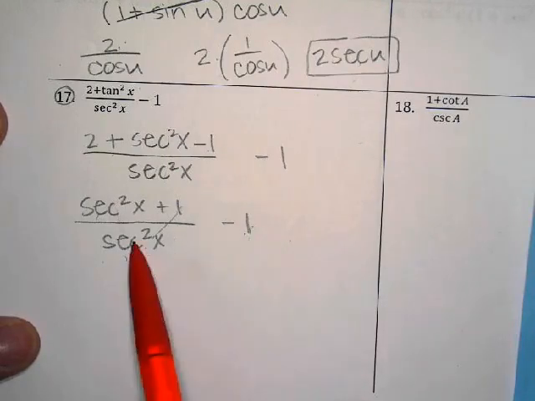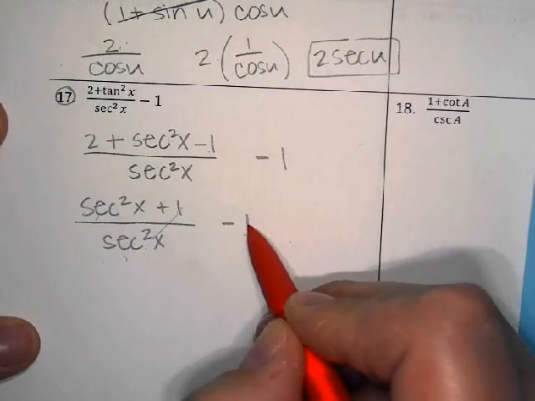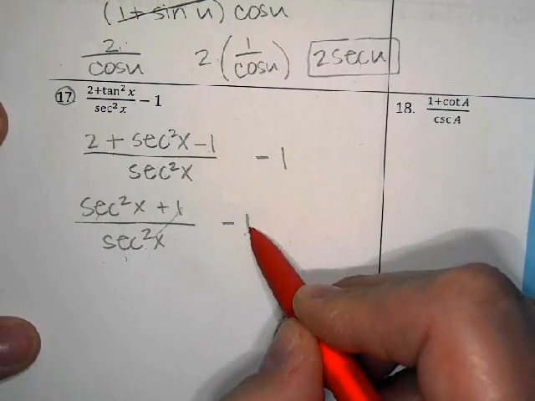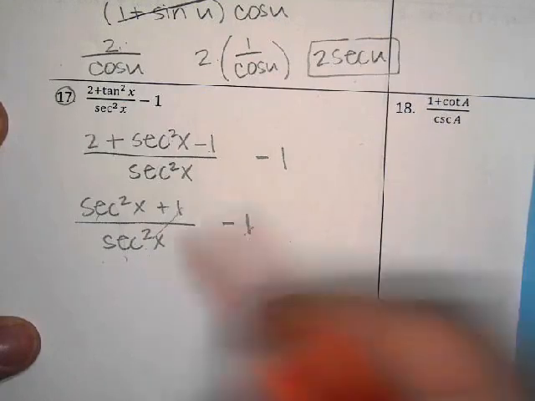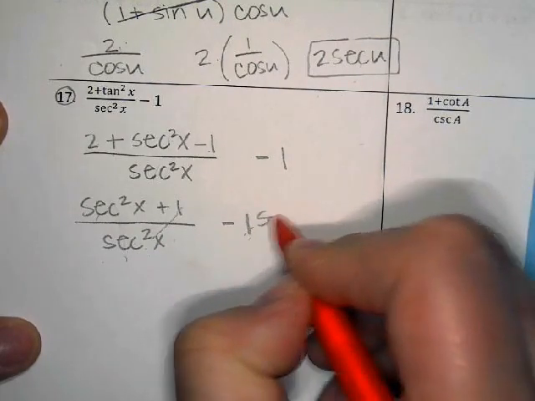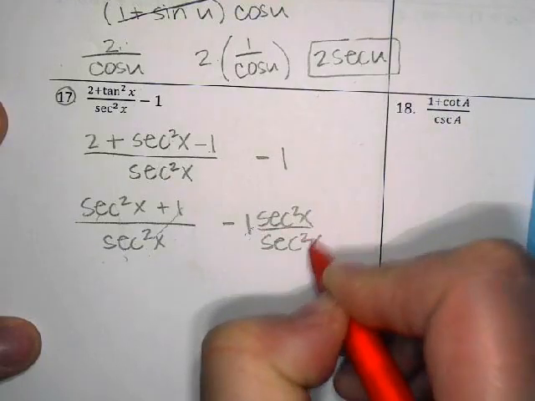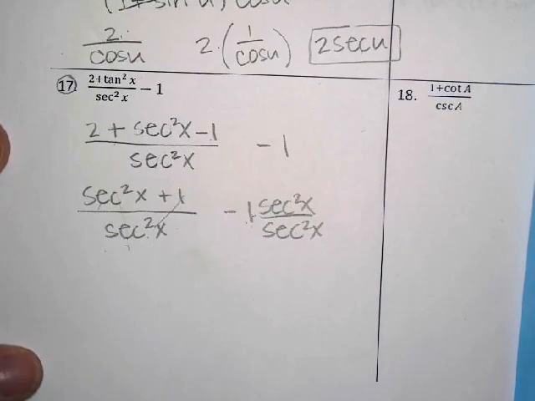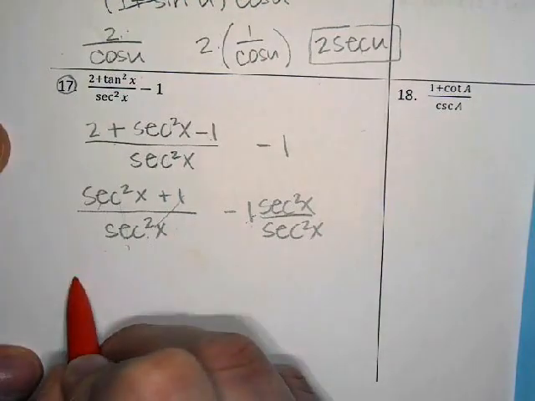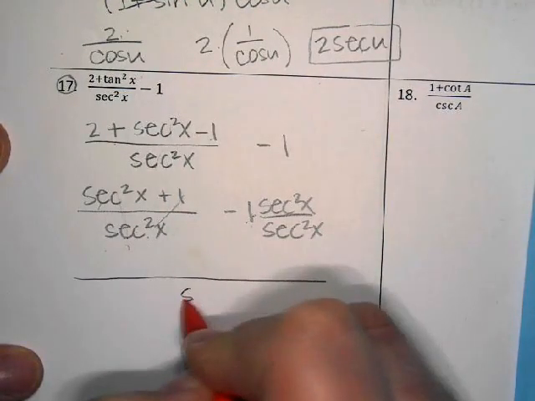Common denominator? Okay, so what would we need to fix the one to be so that it could be combined? Okay, so we're going to do secant squared over secant squared. And so now we have one big fraction, secant squared on the bottom. And what's on the top?